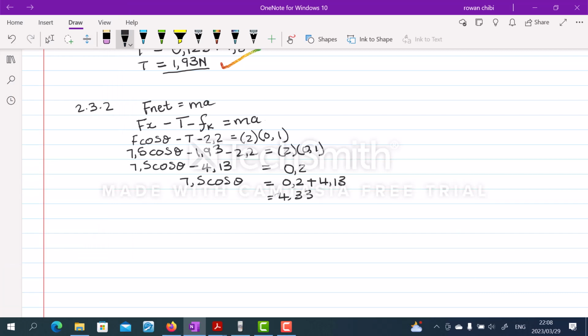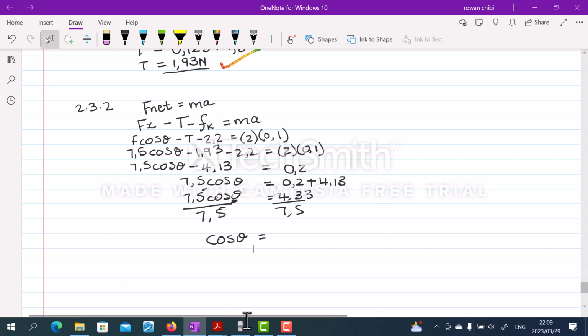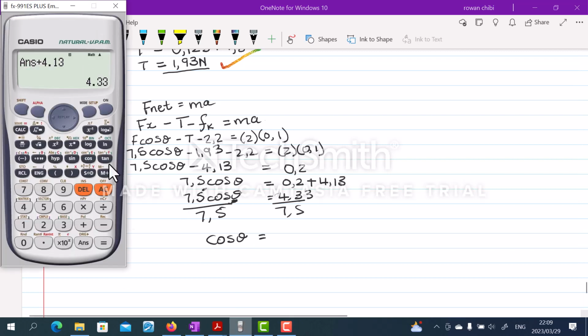Now on this side we have 7.5 cos of theta, because we want theta, so we divide by 7.5 and leave cos of theta on the left. Let's see what we get on the right. So we have 4.33 divided by 7.5.